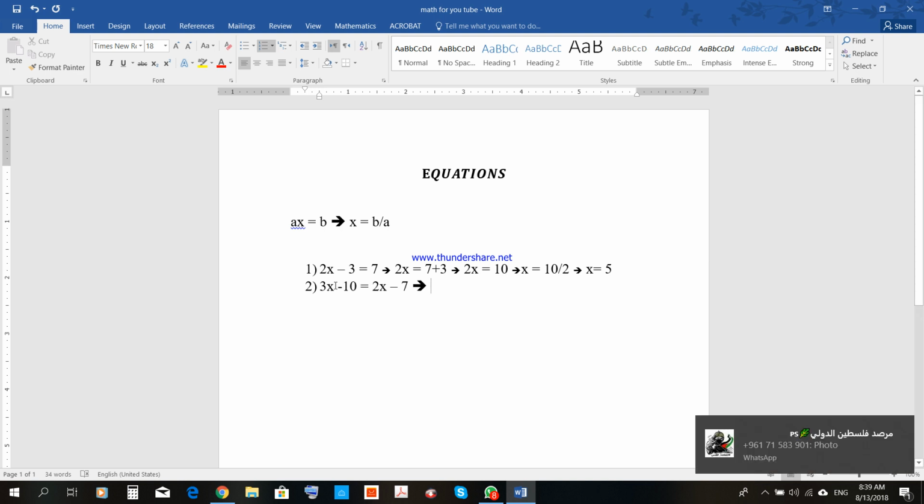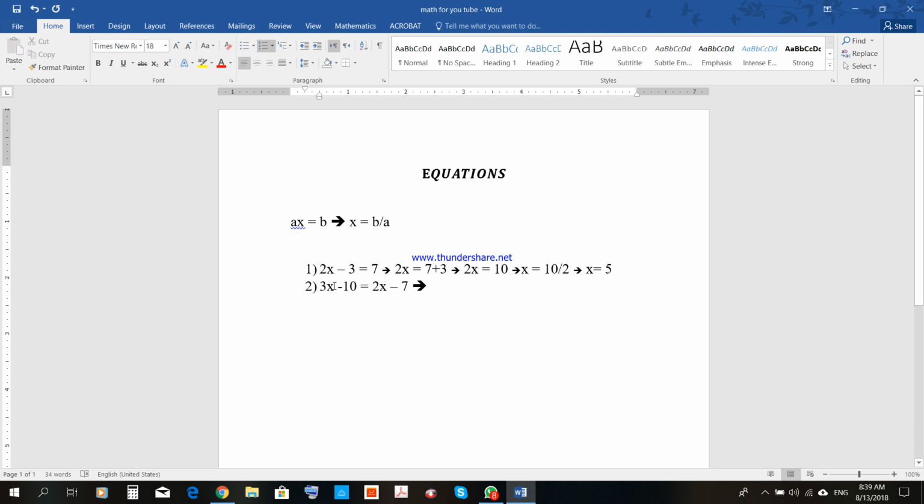But 3x we will leave at the left side without changing its sign. It becomes 3x minus 2x equal minus 7 plus 10.